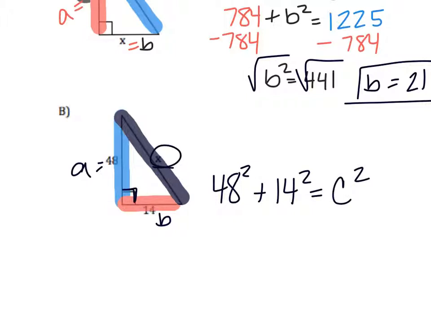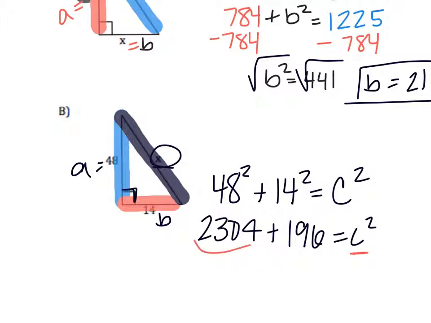Then we're just going to go through the process like we did before. We're going to do 48 times 48, which is 2,304, plus 14 squared, 196. And since the C, what I'm solving for, is on the side by itself, I can add 2,304 plus 196 and get 2,500.